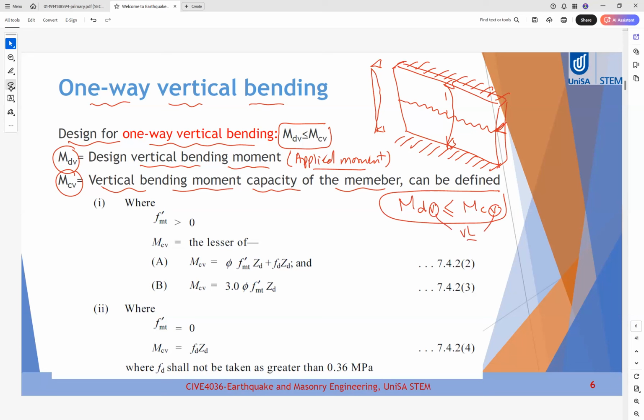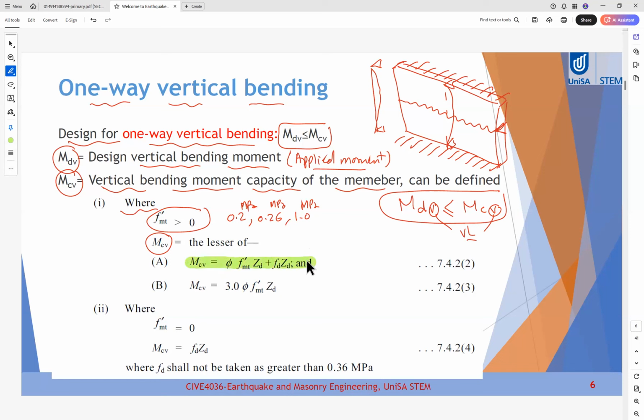So we have also two cases to satisfy this condition. If f'mt is more than 0, so it can be 0.2 or 0.26 or 1, the maximum is 1. This was from the previous slide. So Mcv should be calculated using the two formulas.